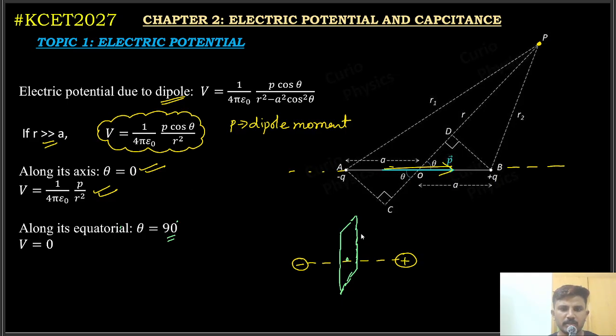In the equatorial plane, the electric potential will be 0, because the potentials due to the positive charge and the negative charge get added up, meaning they get cancelled. One is positive polarity, one is negative polarity, so the potential will be 0 in the equatorial plane.